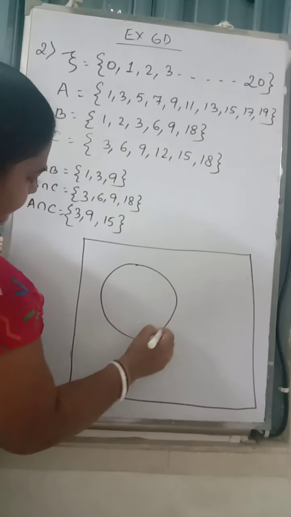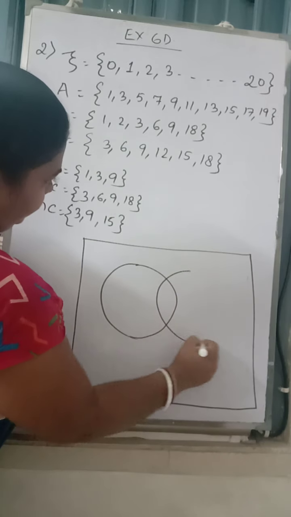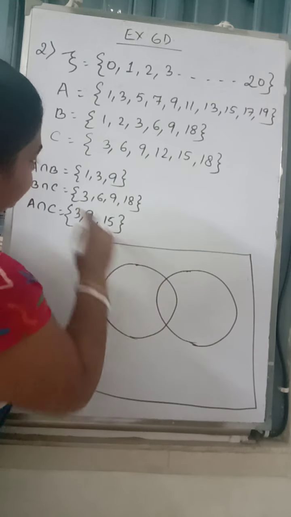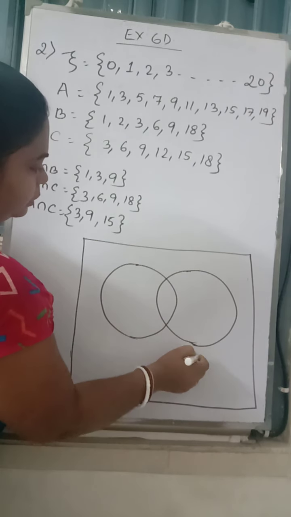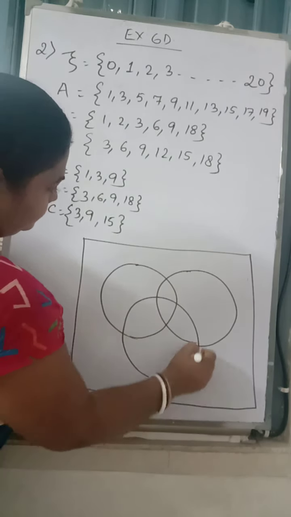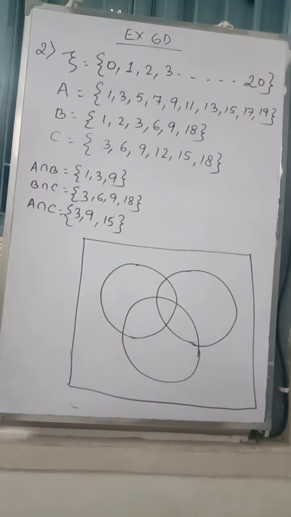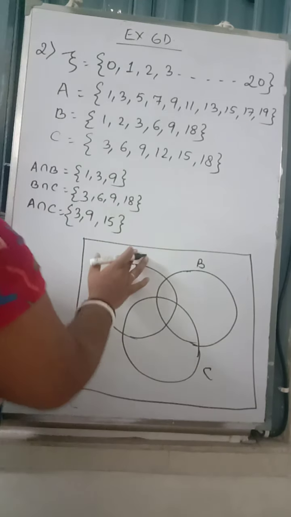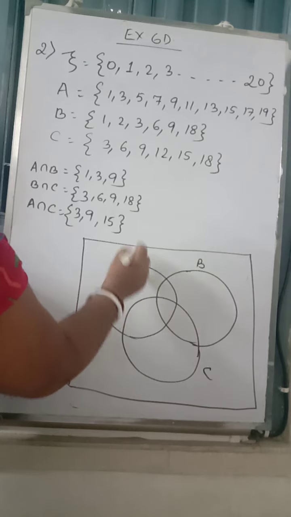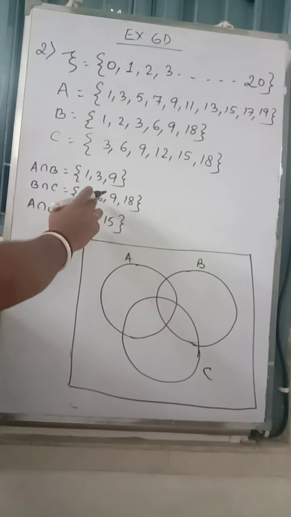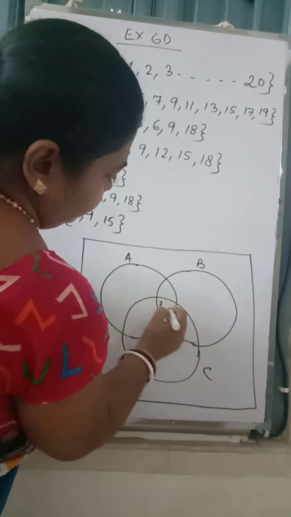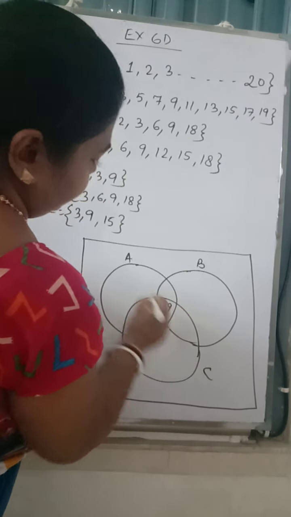This is set A, this is set B, and this is set C. What are the things we have common in A, B and C all? That is 3 and 9. So this common portion will be representing 3 and 9.